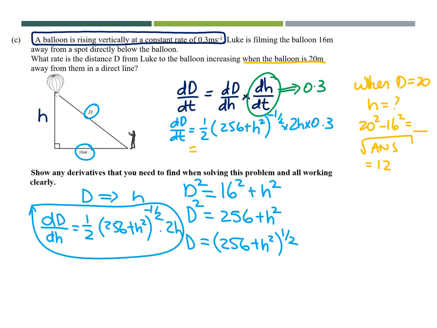So we're going to go a half times 256 plus 12 squared, all to the power of negative a half, times 2 times 12 times 0.3. It looks very confusing, but hopefully gives you an answer that is the same as 0.18. From memory, is that right?